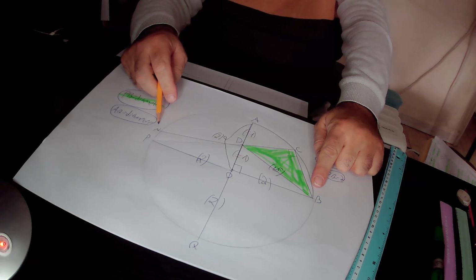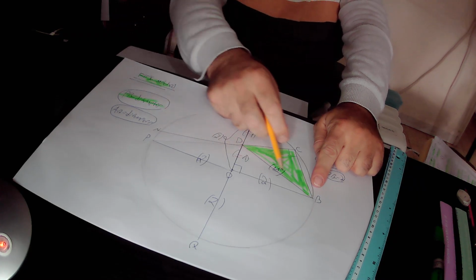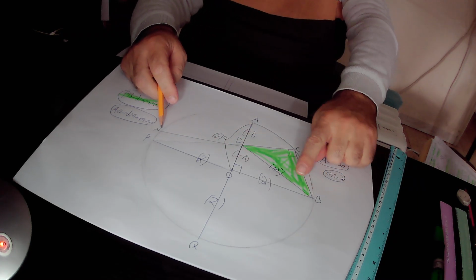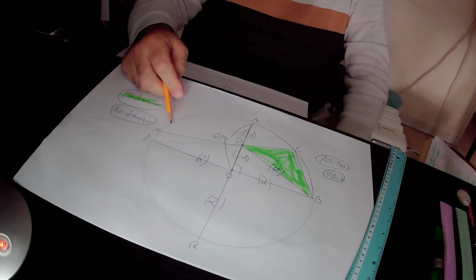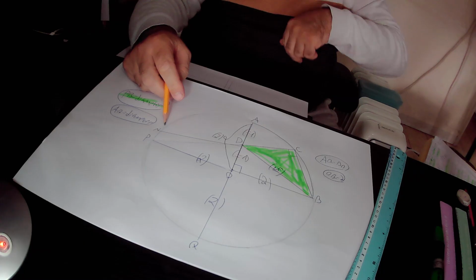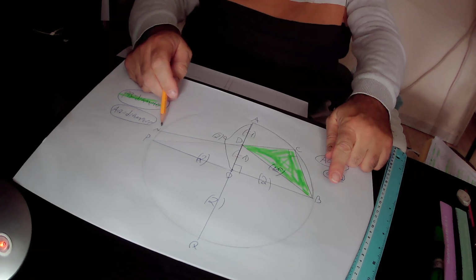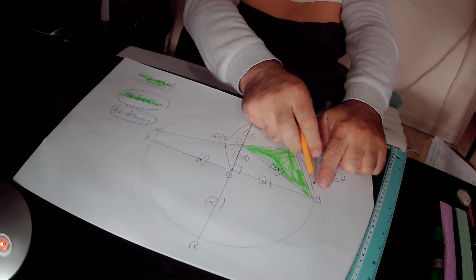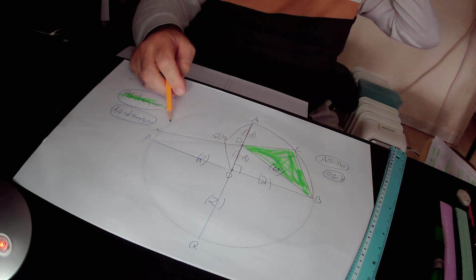Chord BN is definitely not the diameter of the circle because chord BN doesn't pass through point O, the center of the circle. And we know that any chord that doesn't pass through the center of the circle cannot be the diameter of the circle. So therefore, BN is not the diameter of the circle.